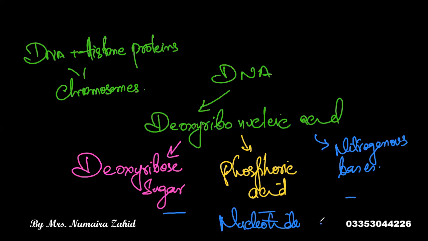The DNA of a chromosome exists as one very long double-stranded fiber, which is also known as a duplex. So DNA is double-stranded. It is a duplex, helical in structure.